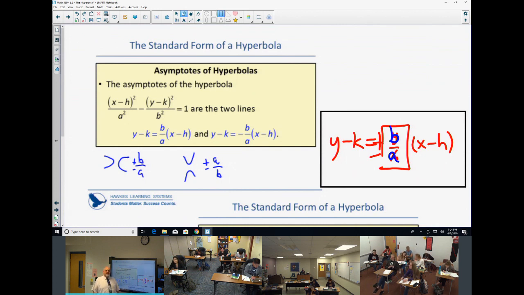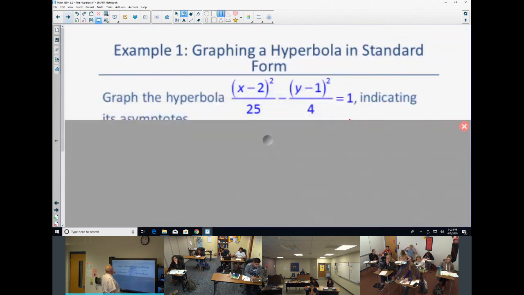Some books have these quite a bit differently, so I'm going to try to demystify finding the asymptotes. Because frankly, if you were to Google it online or ask for different help, different books have a confusing way to do the asymptotes. So if you've got that written down, let's just go through it here.